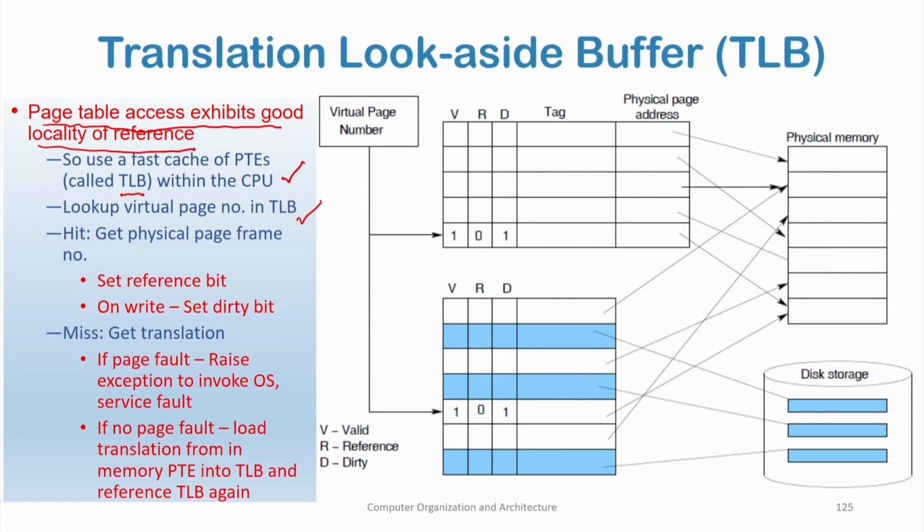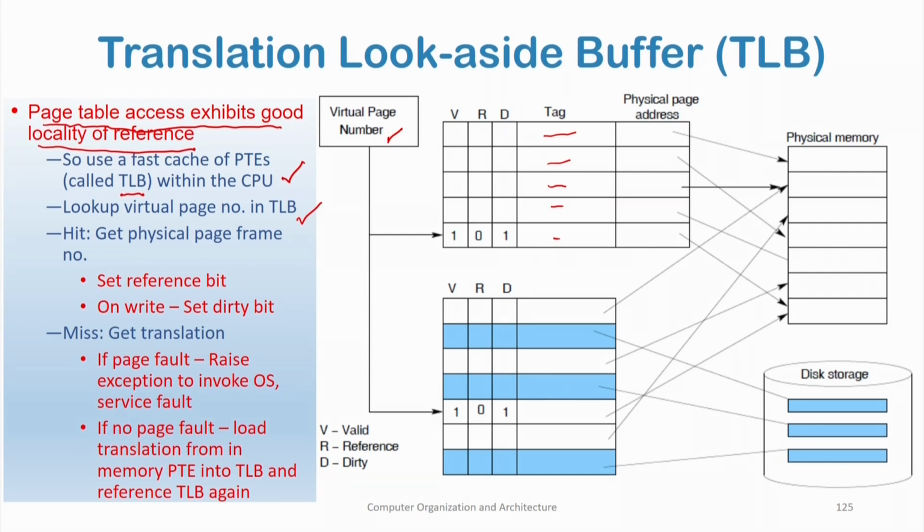So, what do we have? The virtual address is generated by the process, that is the CPU, and I divide that virtual address into the page offset part and the page number part. So, the page number part is now fed to the TLB. The tag part of the TLB contains virtual page numbers.